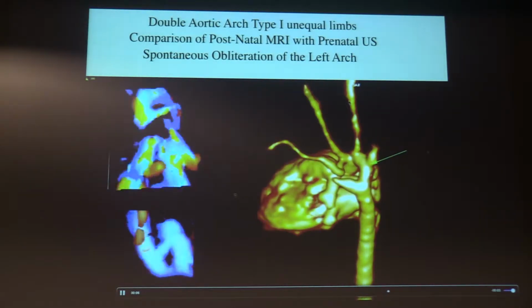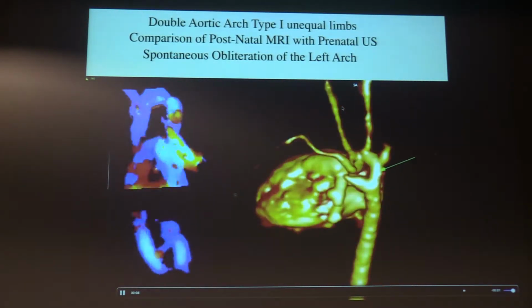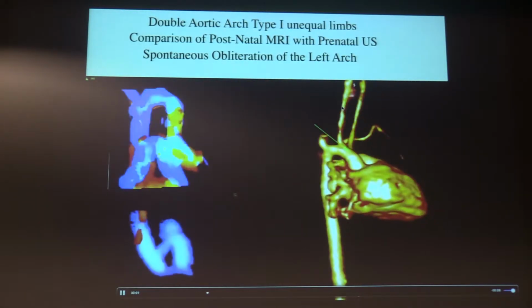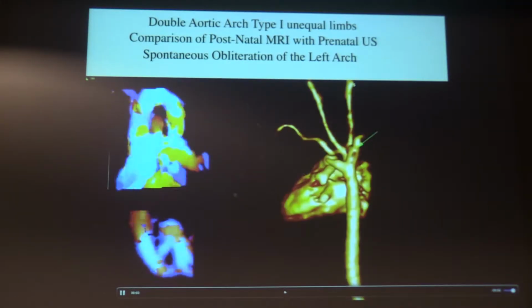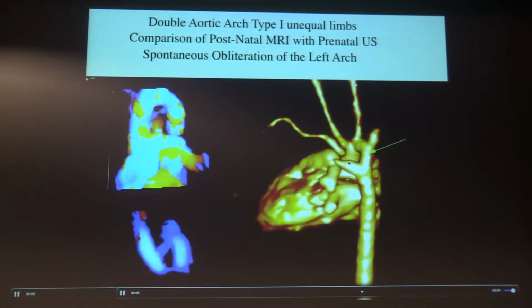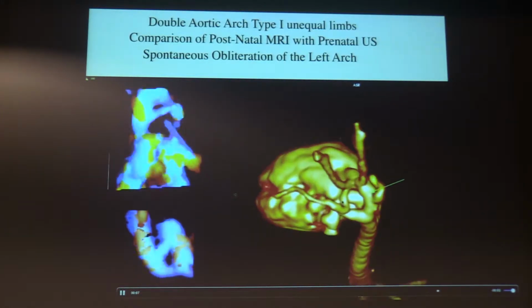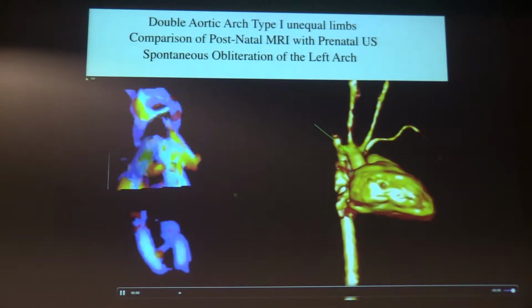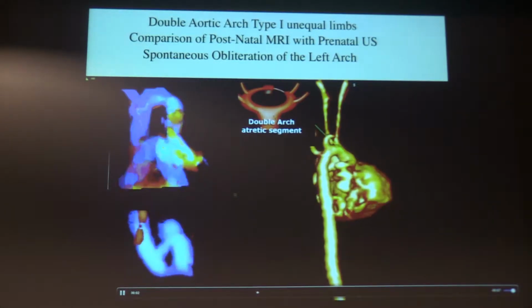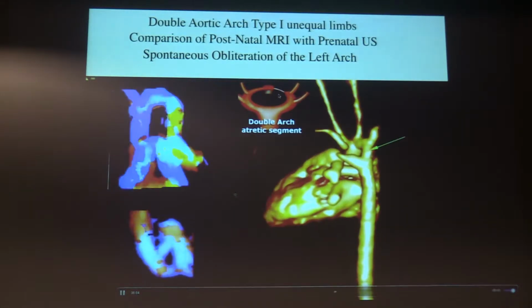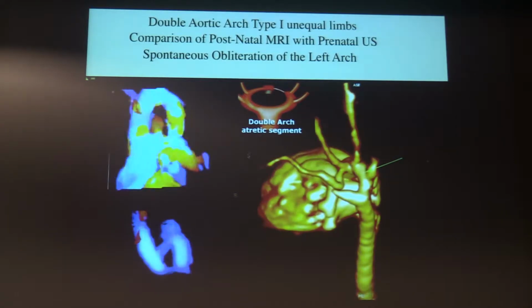And the pediatric cardiologists come to tell us there was no double aortic arch, because they didn't recognize it, as it was spontaneously obliterated. This is a cartoon showing you that there is a double aortic arch with atretic segments.